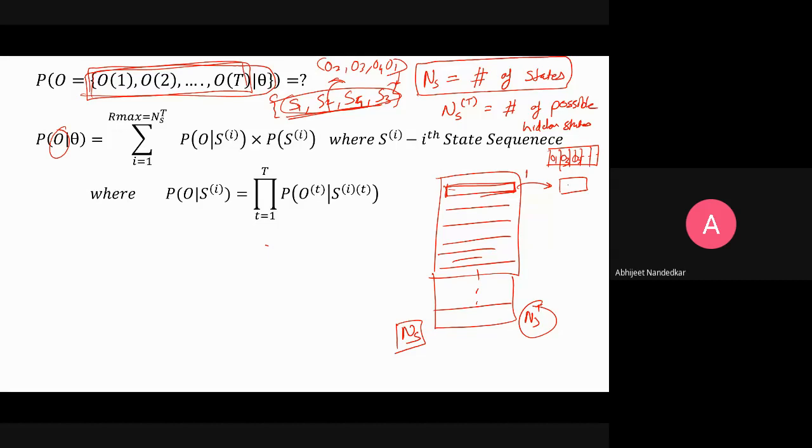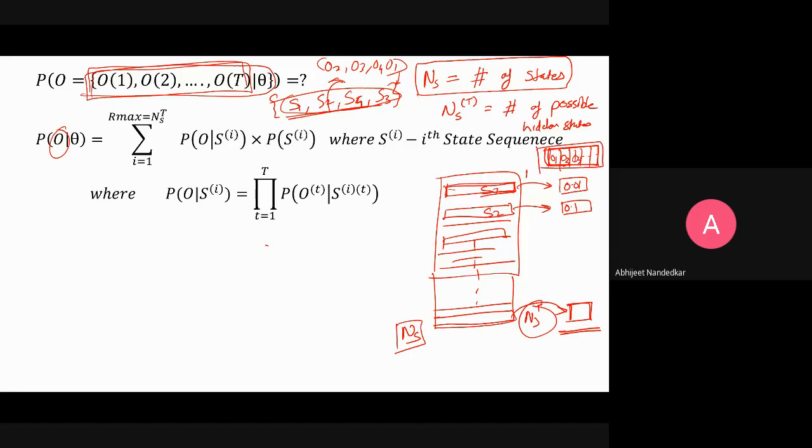Suppose I get some number 0.01, then I take the second sequence and find out the chance that this set of observations is produced by sequence number 2. Then suppose I get 0.1, and I keep on doing this till the end. Everybody will give a certain chance of producing this set of observations.